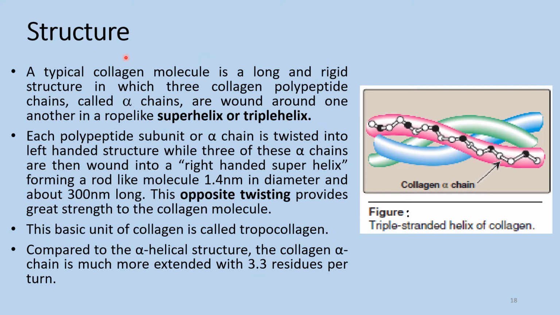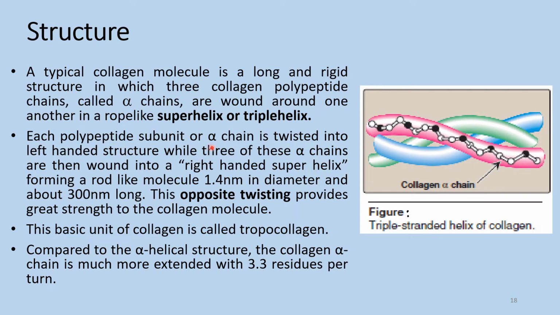Structure of collagen. A typical collagen molecule is a long and rigid structure made up of 3 alpha chains. These 3 alpha chains, or 3 polypeptides, are wound to make one long and rigid molecule of collagen.